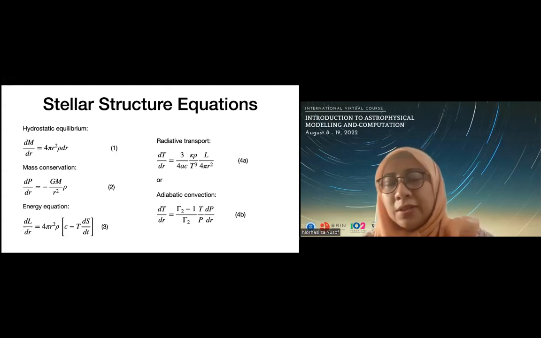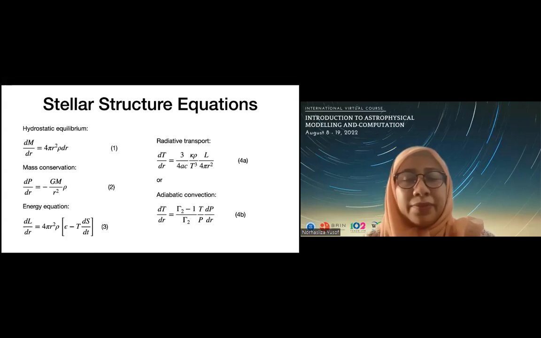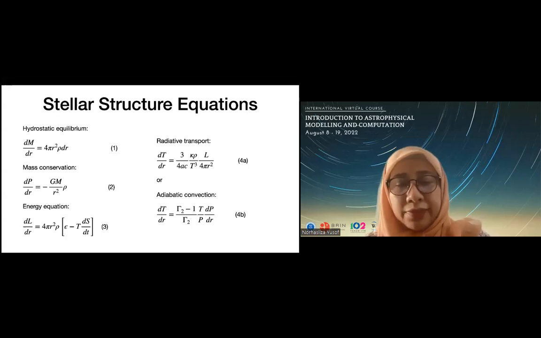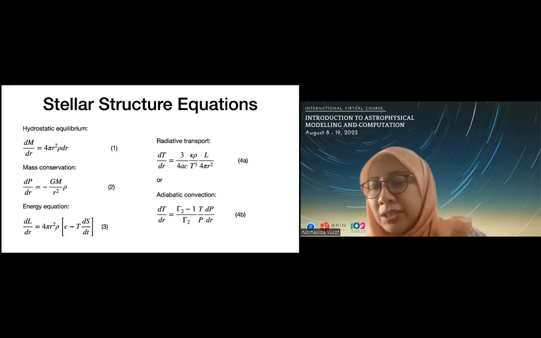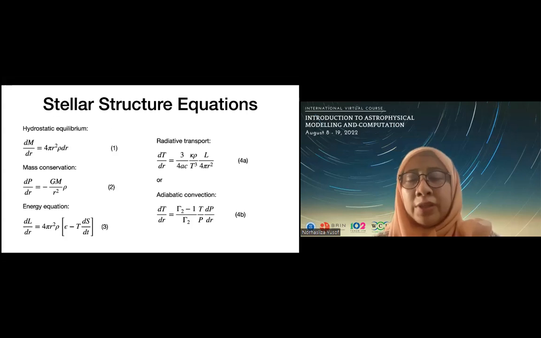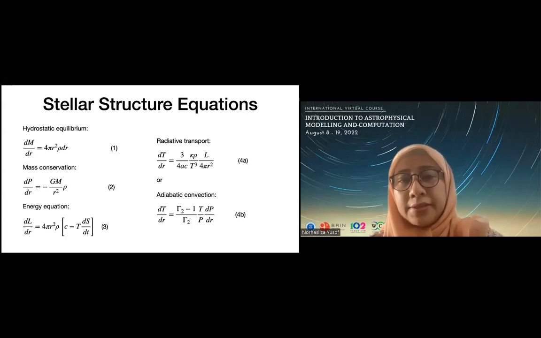But originally, the structure equation is a partial differential equation, with partial derivatives like del m over del r. For the sake of modeling, we transform everything into ordinary differential equations, so that we only consider one variable at a time, which is our radius.